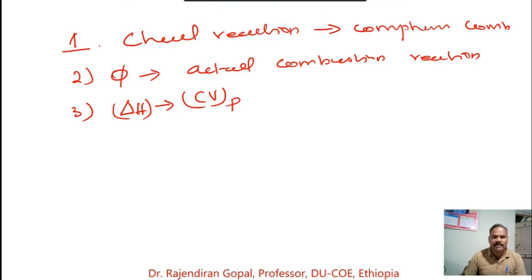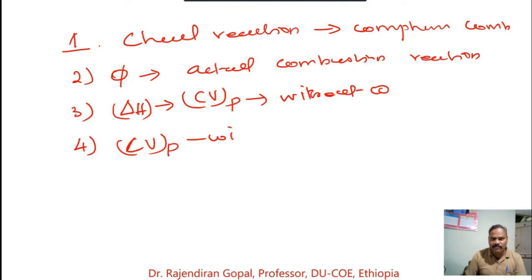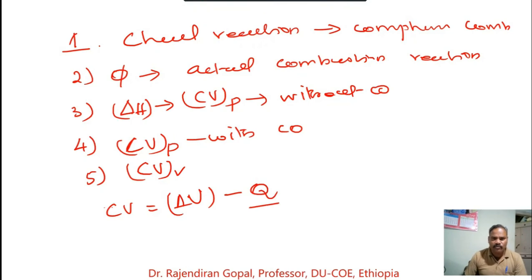So we have to convert this calorific value at constant pressure without CO, to the calorific value at constant pressure with CO. Then the calorific value at constant volume by the relation is equal to delta U minus Q. This Q is the heat rejected from the vessel.